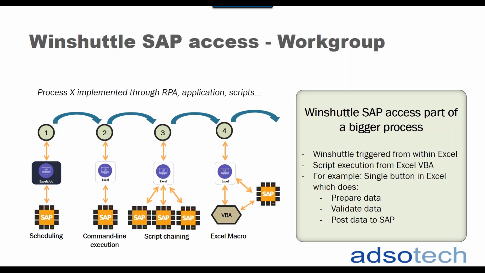Let's say you are using macros anyway, and you have a macro that is preparing the data in Excel, maybe reading multiple Excel files and validating against SAP, and then finally posting data to SAP. What you can do then is call the Winshuttle script from the VBA, so you don't have to execute the script separately. You can have it be part of your macro. So that's one option you can use.